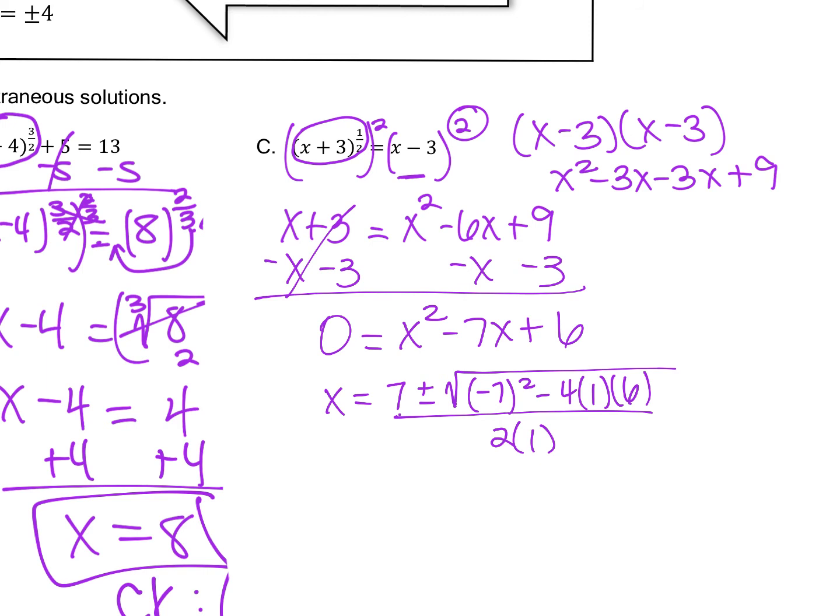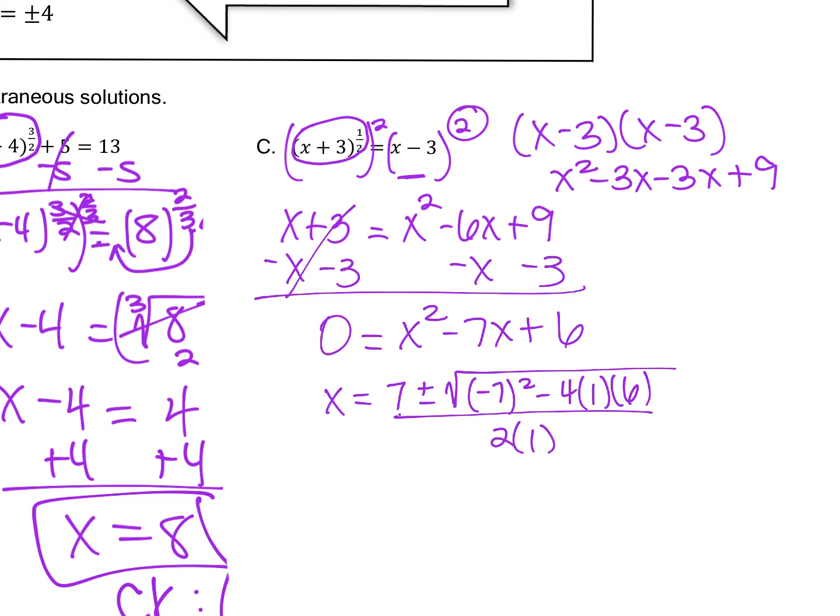If you're using the quadratic formula, you're going to plug in what's under the square root. So make sure if you are doing that or using the calculator to help you out, you put parentheses around the negative 7 before you square it, or it will give you the wrong answer.